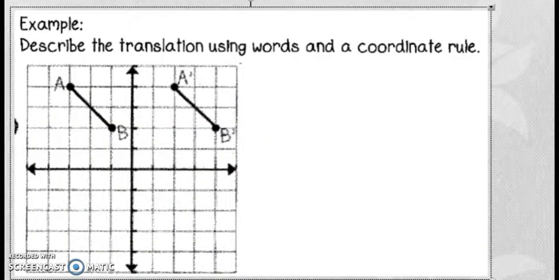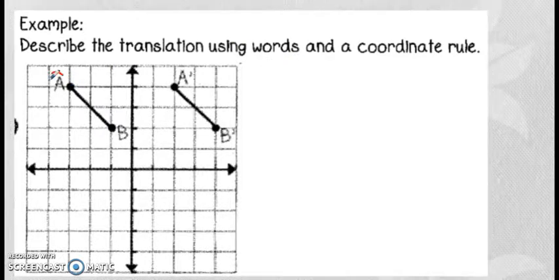In this example, we want to describe the translation using words and the coordinate rule. We are doing both of the last 2 examples in this example. First thing, let's do in words. We are not moving up or down at all, since I see that the pre-image A and A prime are on the same line.